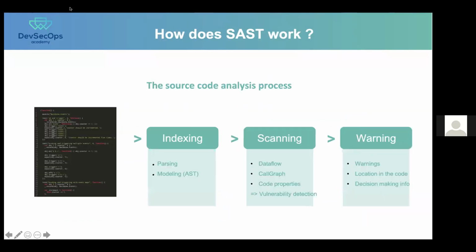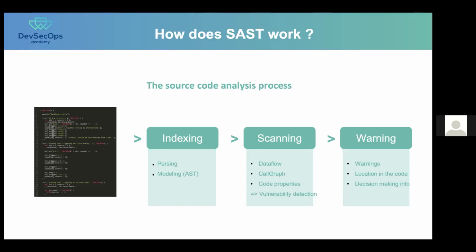For those of you who are curious about how a SAST tool works, here are the main steps. I won't spend too much time explaining, but if you have questions, Antoine will be happy to answer them. The first part of static analysis is to index the code and build a model of the code so that we can work on this model. The second step is to scan the model and the source code for vulnerabilities, thanks to the knowledge of the data flows, the call graph, and different properties that we find in the code.